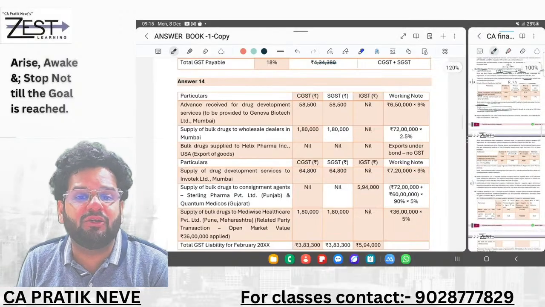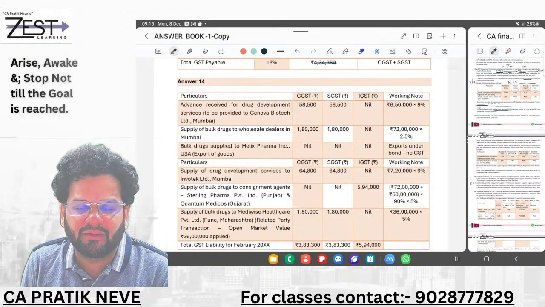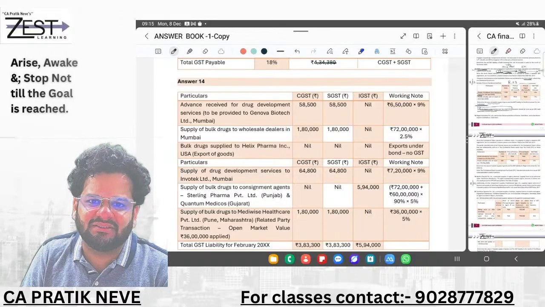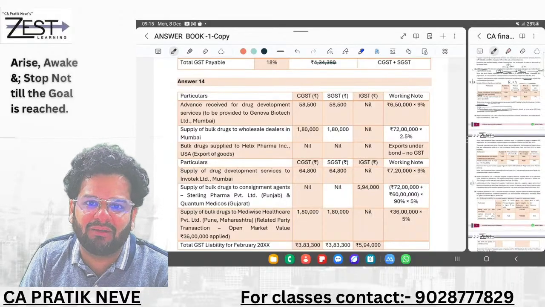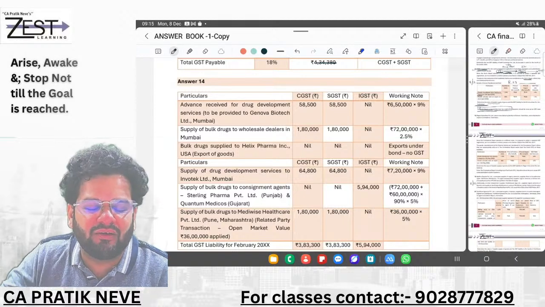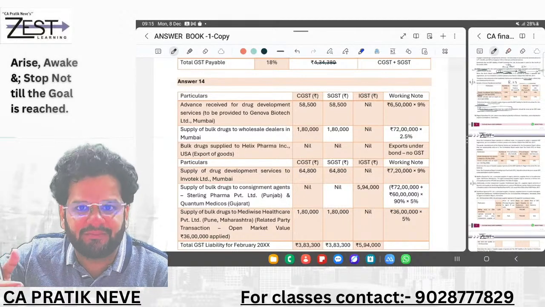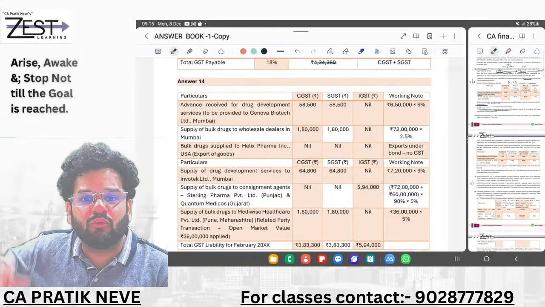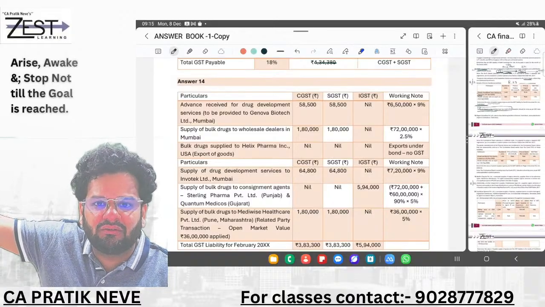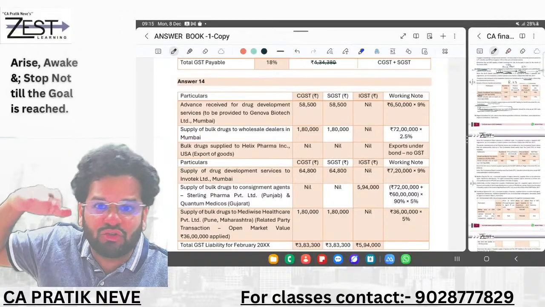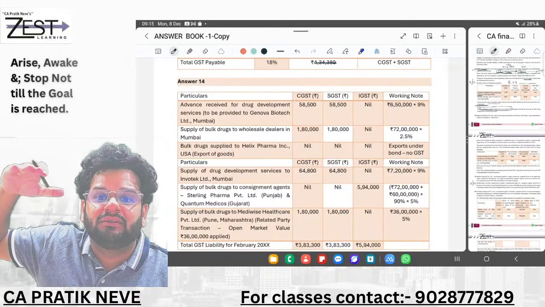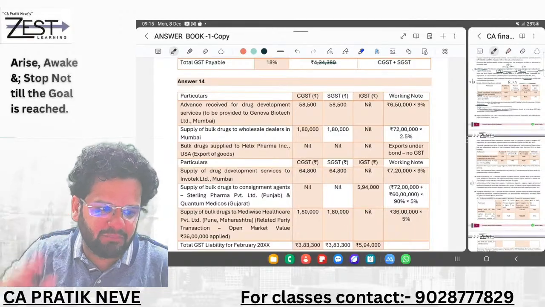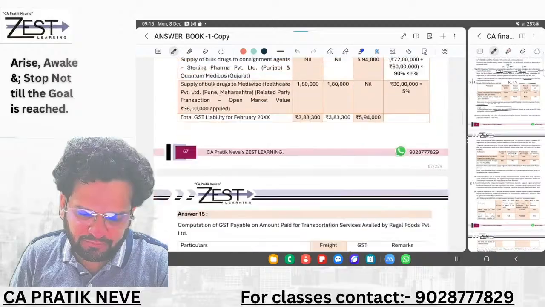If open market value is not available, then the value of supply of goods of like kind and quality. But there's an option for this. Proviso is there. That is, at what price such goods are sold from the recipient's location, of that you may take 90% as assessable value.